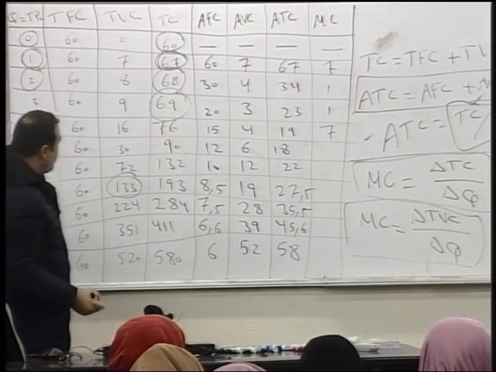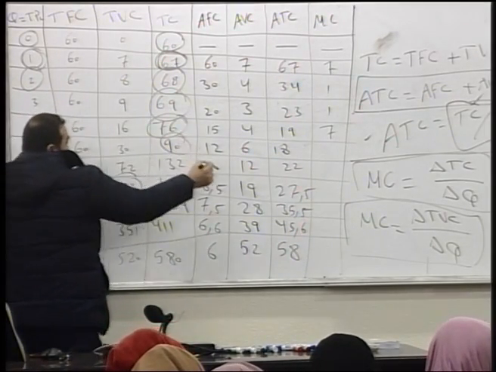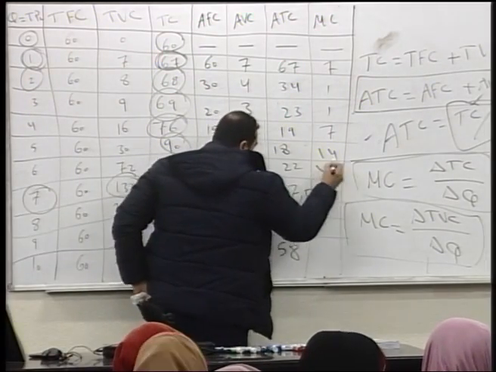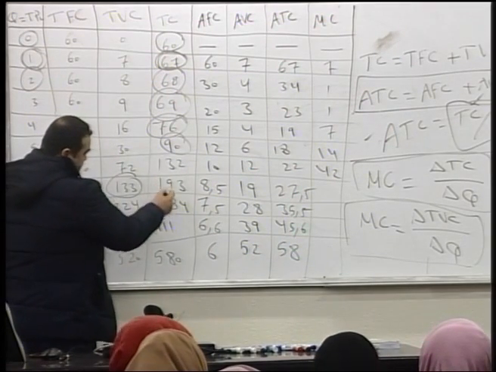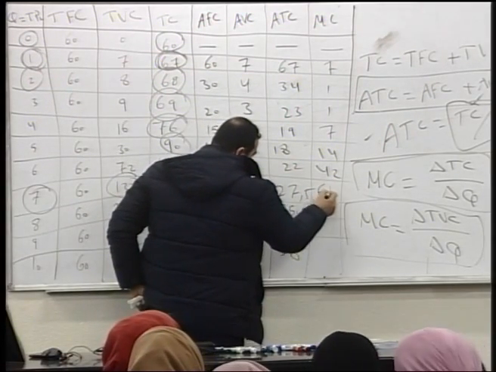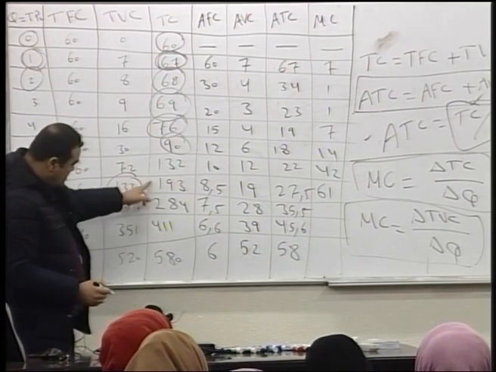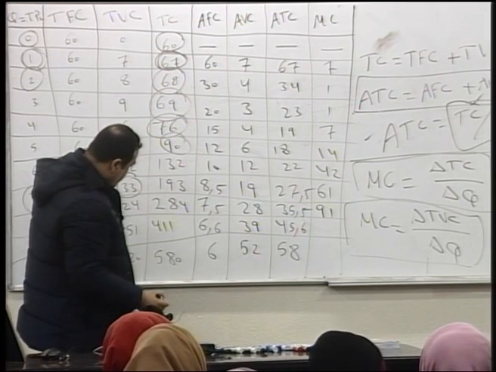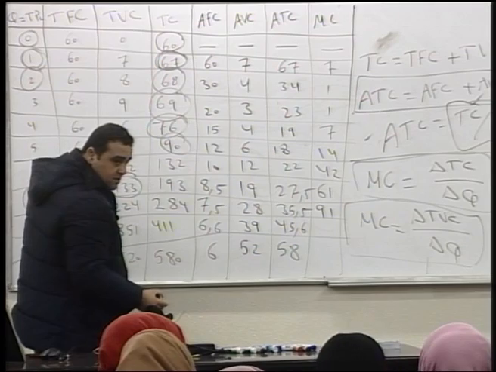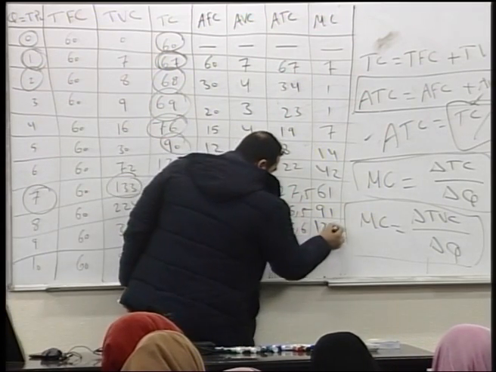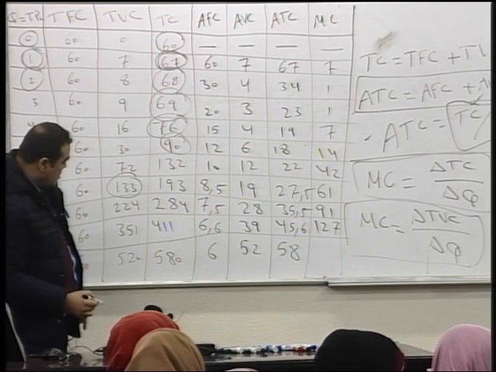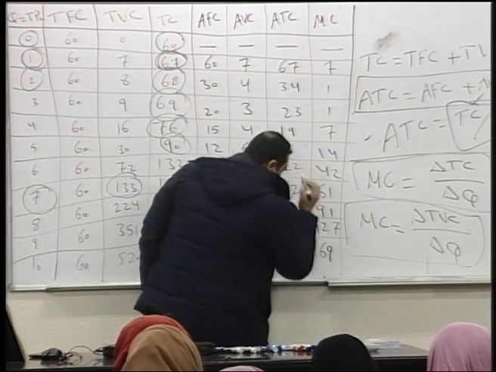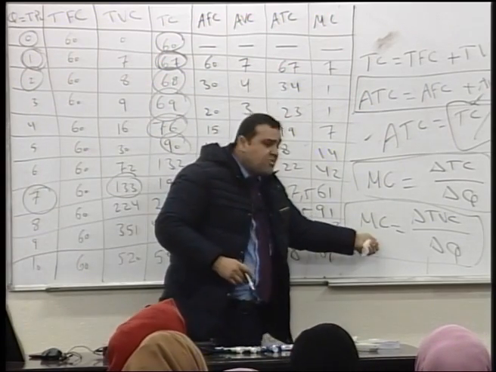And then 7, 14. And then 42. And then 91. And then 100. 127. And then the last one, 170, 169. We can use this formula.